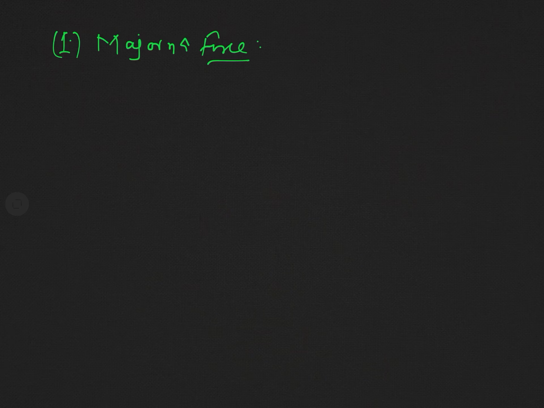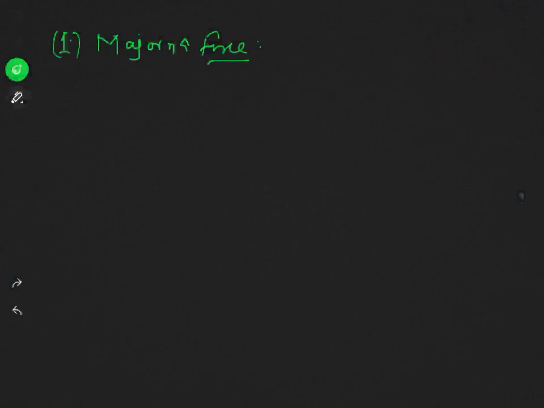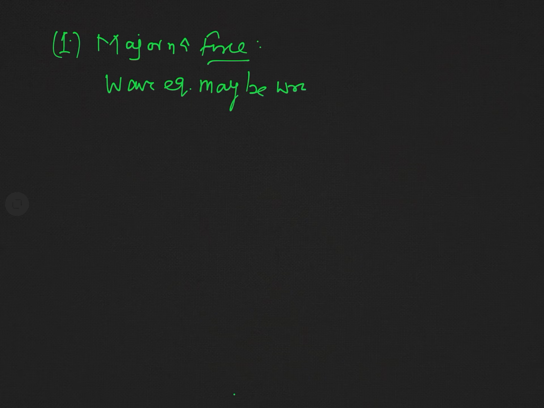So in this case, you can write the wave equation, which I have mentioned in equation 1, under this condition in a particular form. How can we write this wave equation taking into account the attractive and the repulsive nature of the interaction?